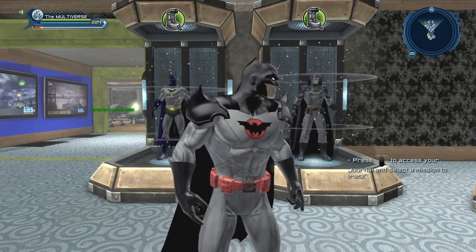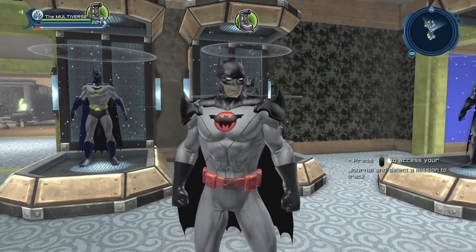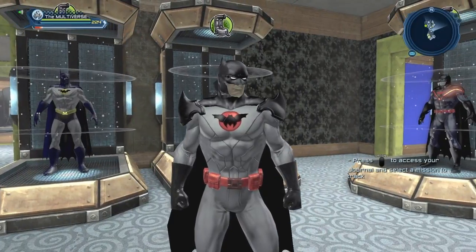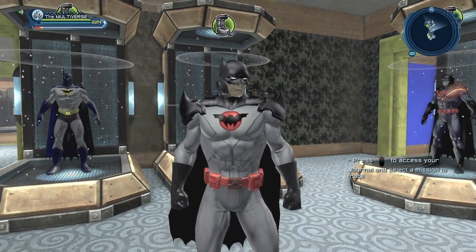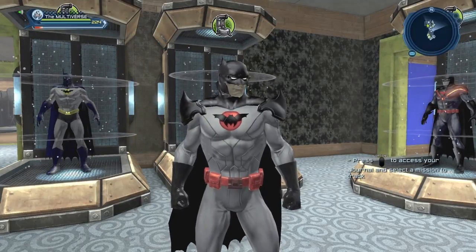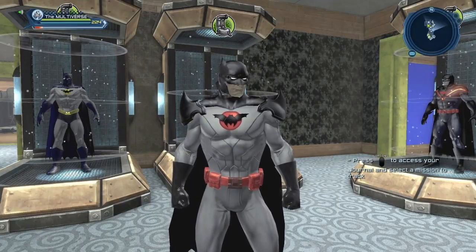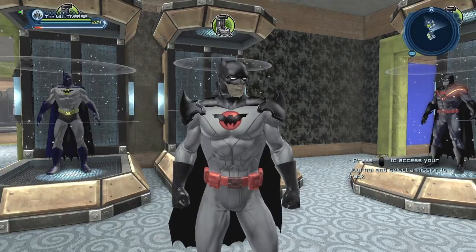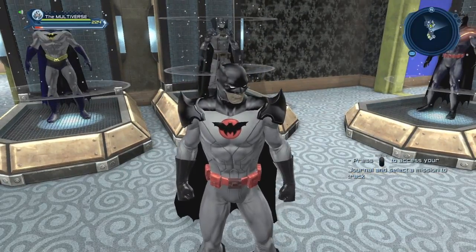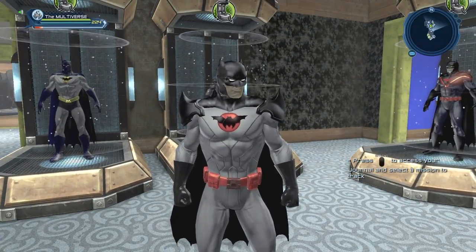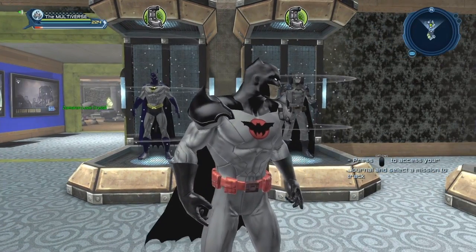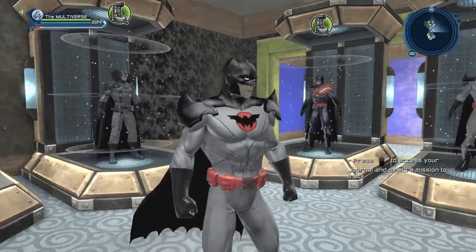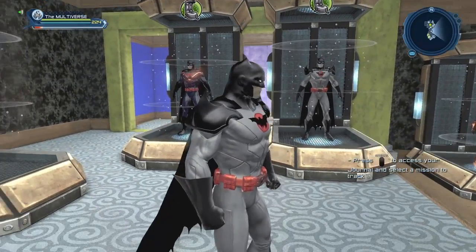And here we can recreate a pretty darn good version of the Flashpoint Batman. You had something pretty close to what you're seeing for the emblem. You had this bat emblem with a tiny red moon behind it. And ironically enough, this emblem is pretty darn close to the actual emblem that Batman was using in Flashpoint. Pretty much anything that was yellow in the classic Batman costume was replaced with red instead.